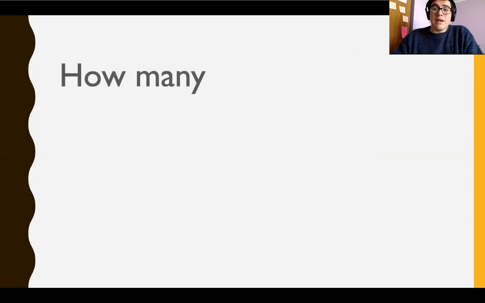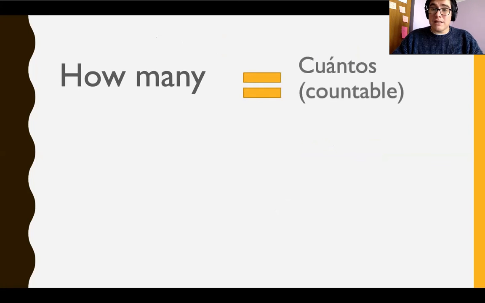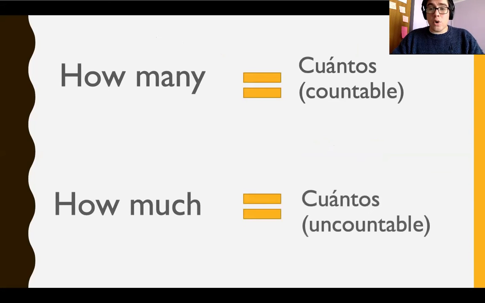Alright, now we're going to check the meaning of a few other expressions, like for example, how many. How many means cuántos. When we ask a question, it means cuántos, and we use it only with countable things. But also we have how much. How much also means cuántos, or cuánto also, but with uncountables only.